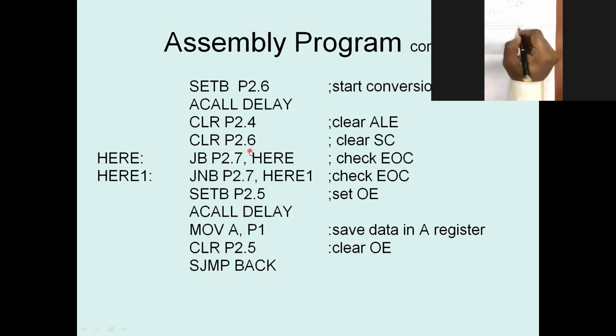When this signal becomes low, we again wait while it is low using JNB P2.7. Again wait and wait, right? Is it clear or not? First we check this time, second we check this time.